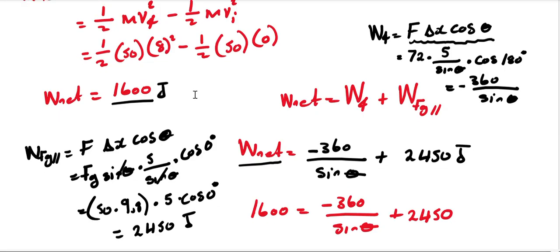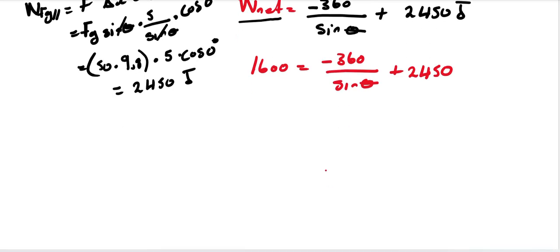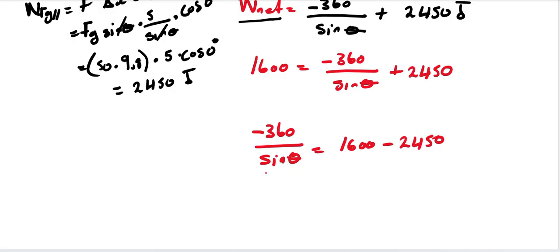Now let's collect the like terms. We're going to take this 2450 to the other side. Now we're going to have 360 all over sine of theta is equal to 1600 minus 2450.